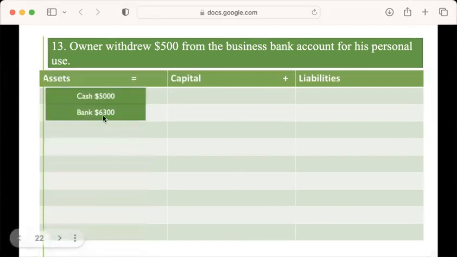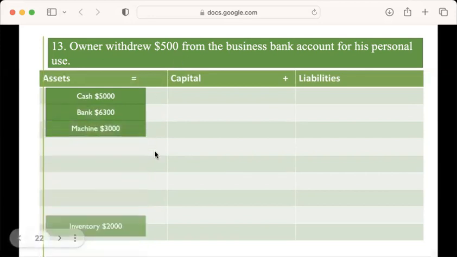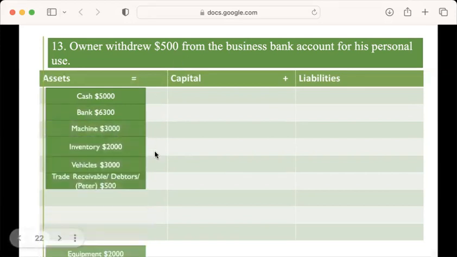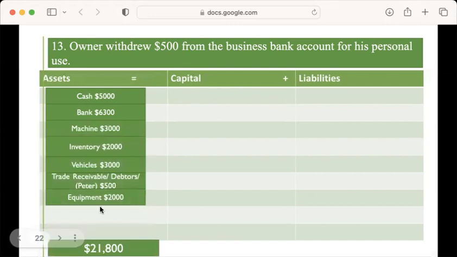So what happens is cash at bank will decrease by 500, and since the owner took that money, total assets become 21,800. Since the owner took 500 from the business, we call it drawings.